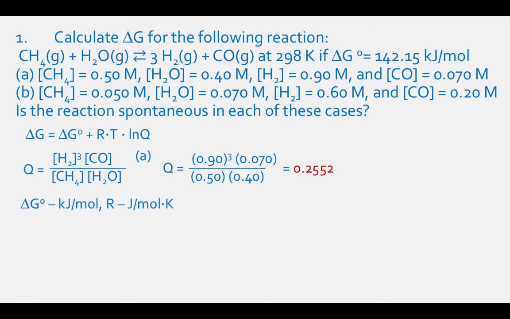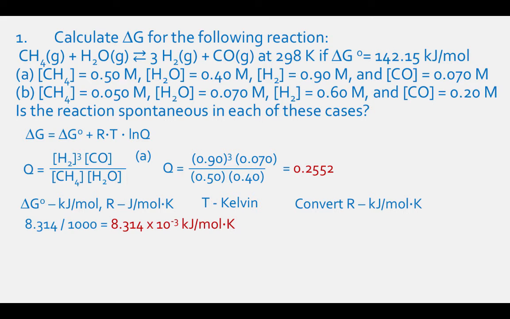Now let's consider units. We have our standard delta G in kilojoules per mole, and the gas constant is in units of joules per mole times Kelvin, and our temperature is given in Kelvin. Let's convert our gas constant to kilojoules per mole times Kelvin so we can calculate our answer in terms of kilojoules per mole by dividing 8.314 by 1,000. We have 8.314 times 10 to the negative 3 kilojoules per mole times Kelvin.